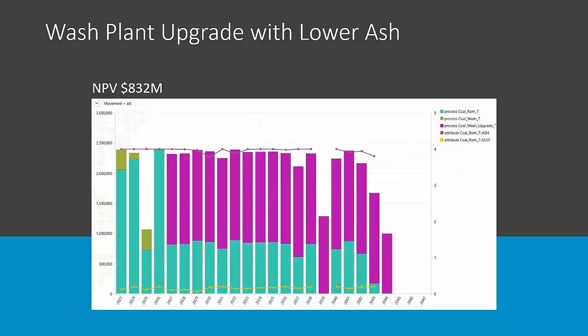But if I'm uncertain of what my contract might be with my suppliers or with my consumers for that coal, and they might be lowering my ash restriction, well, I might do this plant upgrade, even though it's only about an 8%, 9% IRR, in order to avoid the risk of not being able to meet my specifications in the future.